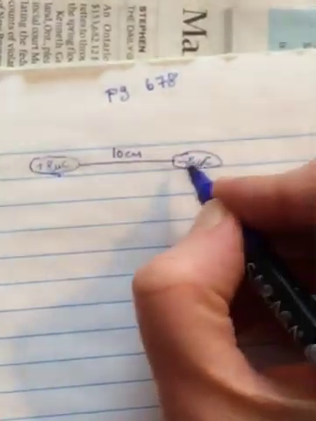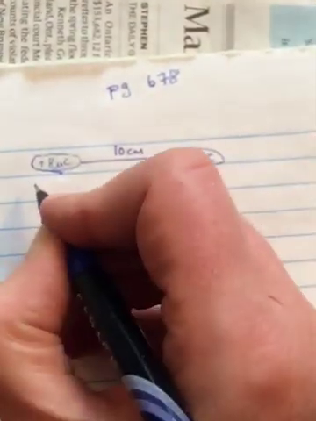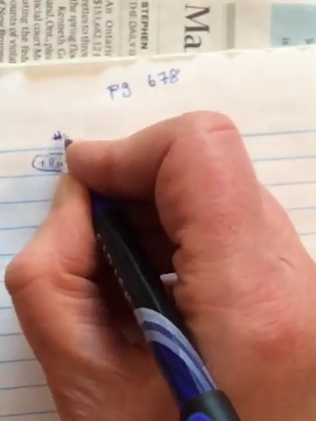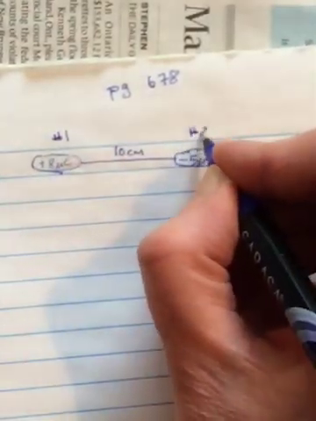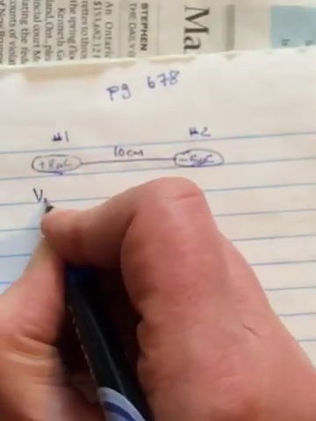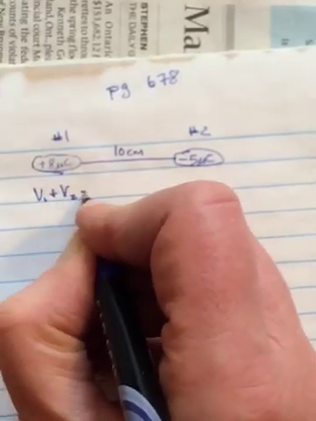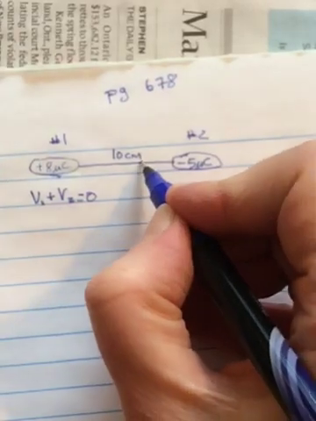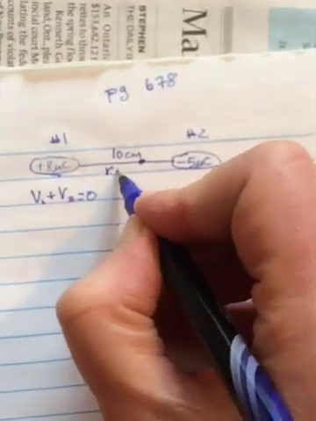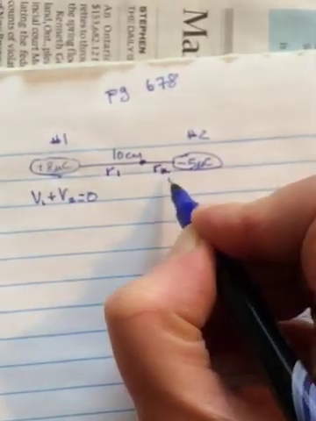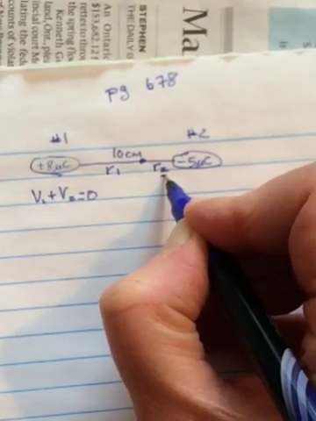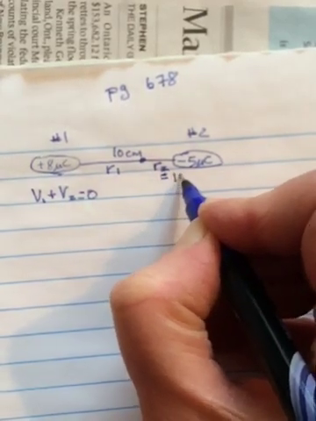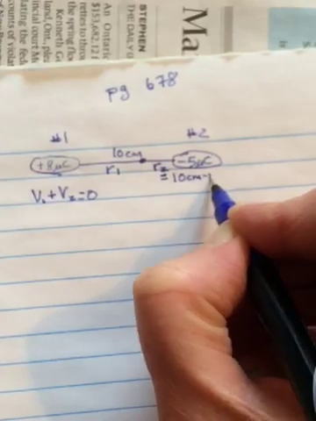Okay, so there's some point between these two where, if we call this one number 1 and this one number 2, V1 plus V2 will equal 0. It has to be closer to the smaller one. So this will be R1 and this will be R2, but R2 will really be equal to 10 centimeters minus R1.